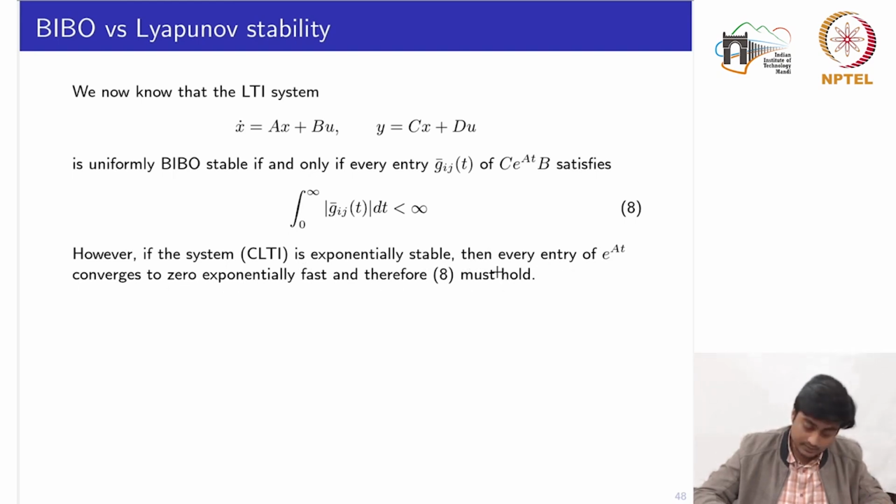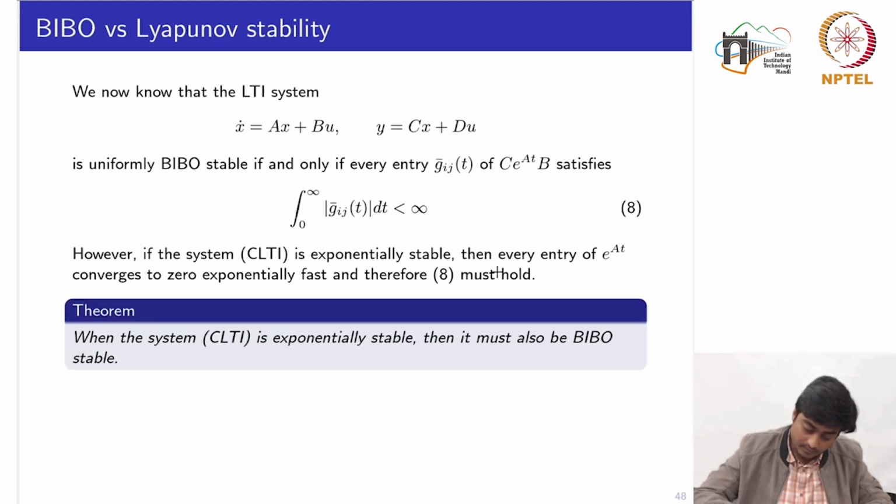So when the LTI system is exponentially stable, then it must also be BIBO stable. Now this exponential stability is basically in the sense of Lyapunov, meaning that if the system is stable or exponentially stable in the sense of Lyapunov, then it must also be BIBO stable.